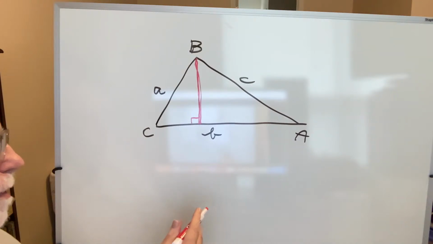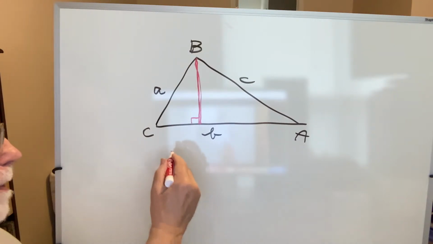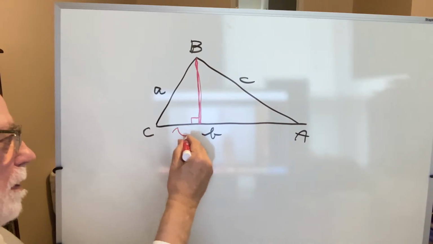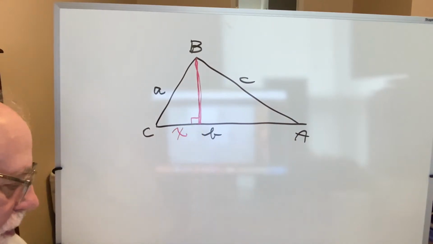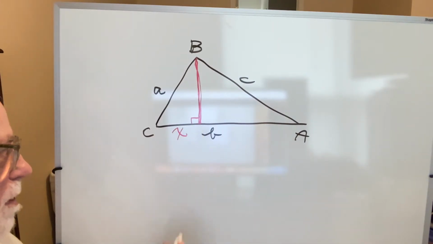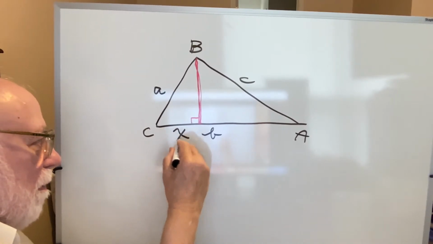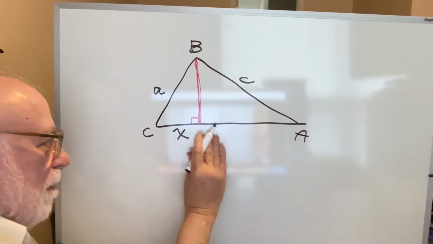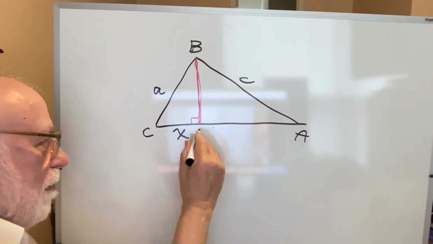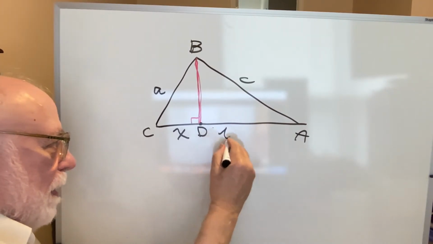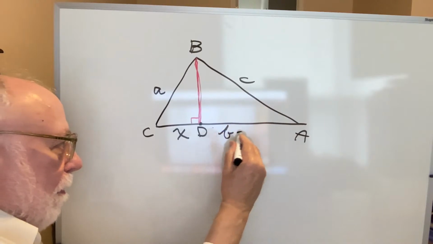Now, what we have here, this would be x. This would be x. And if we call this point D, this is going to be b minus x.